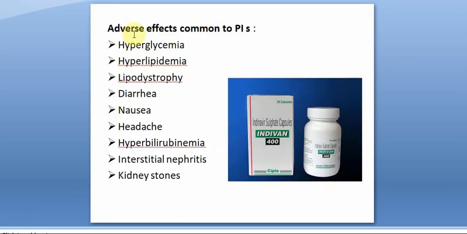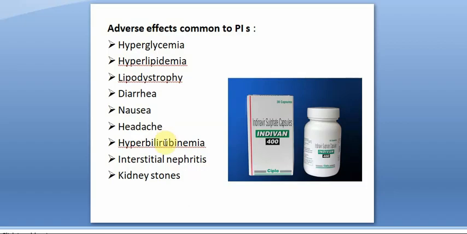Then adverse effects of protease inhibitors are almost the same: nausea, vomiting, diarrhea, headache. Then sometimes it can cause hyperglycemia. Hyperglycemia means there is an increase in blood sugar levels. Hyperlipidemia means there can be an increase in the lipid levels or cholesterol levels in the blood. And then lipodystrophy, that is destruction of the muscle cells usually.